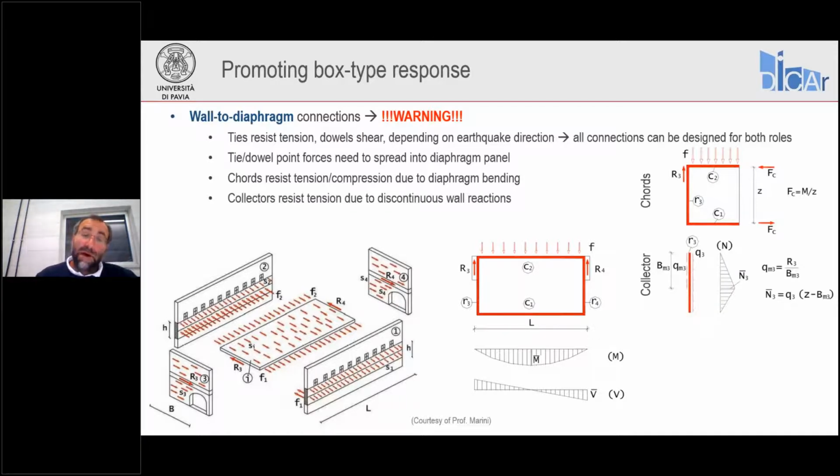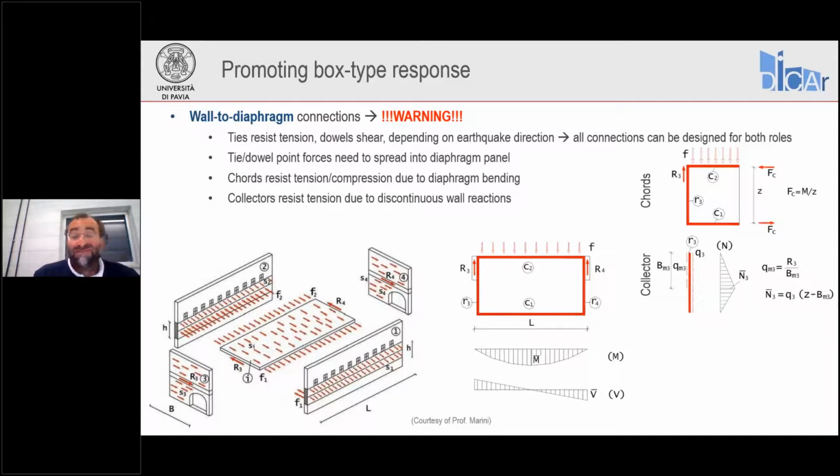On the other hand, parallel to the excitation direction, we need to transfer shear to the parallel walls. And to do so, we may need to take advantage of the collector action along this other connection. Within collectors, we develop tension forces if the reacting wall is not continuous, but it has openings. So basically, the transfer happens only in correspondence with the piers below the diaphragm.